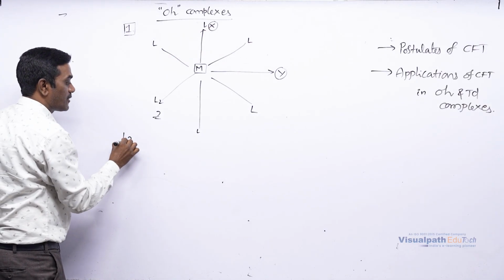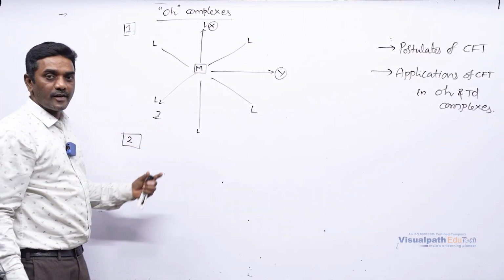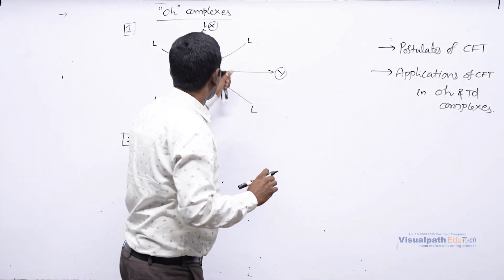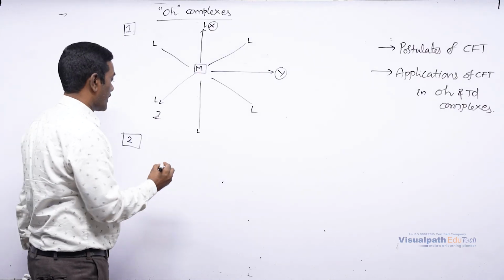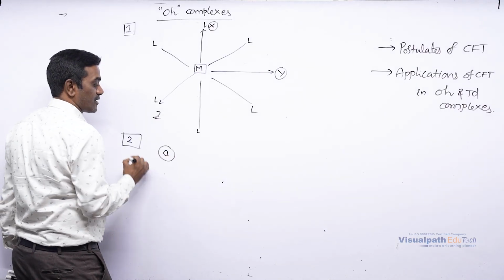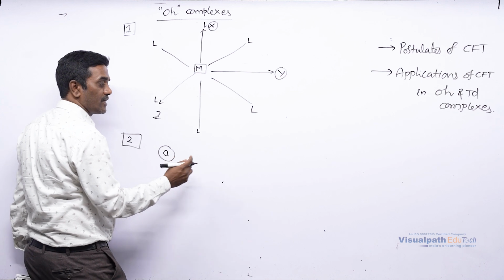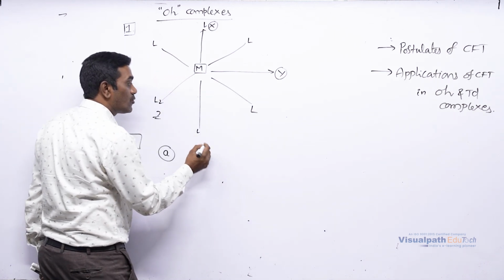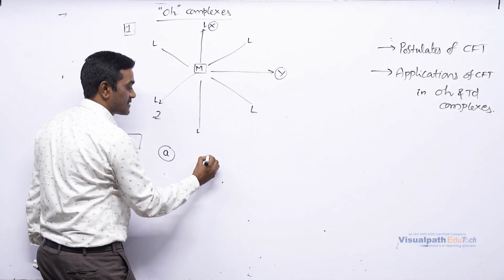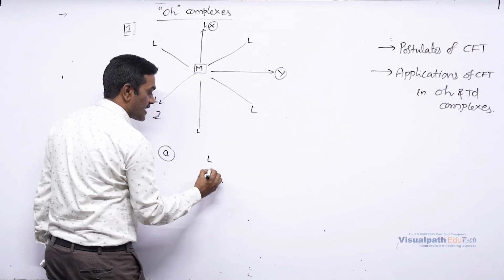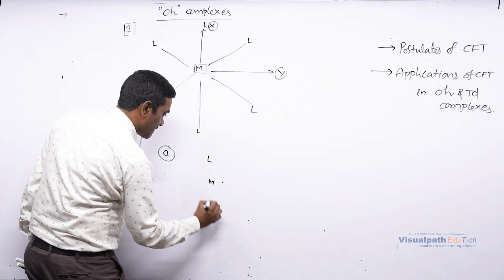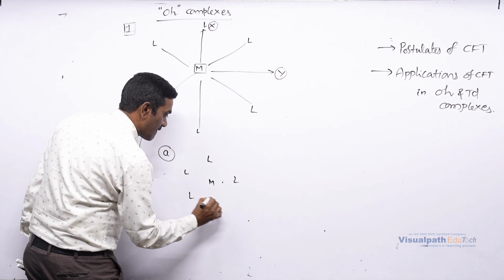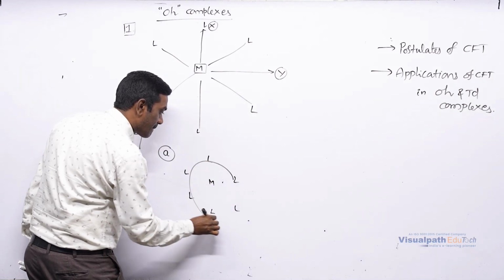Now, point number 2. It is very clear that when the ligands are approaching, there are two ways. The first, subpoint A: the ligands are approaching the metal in a spherical way.